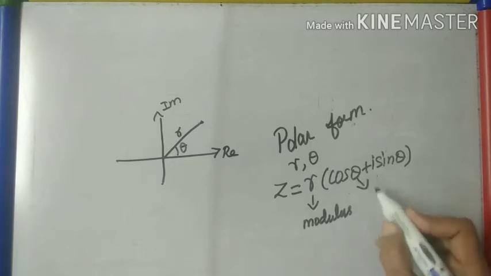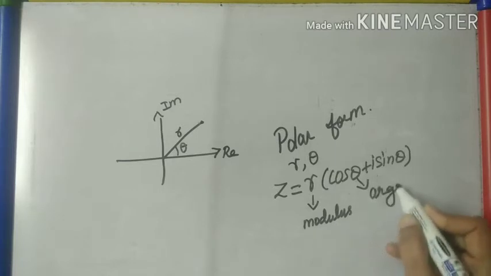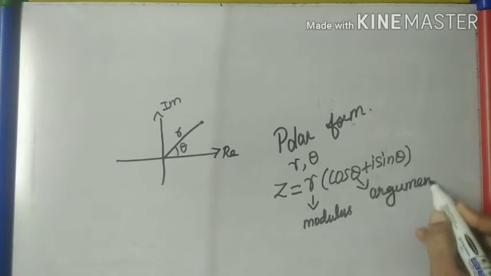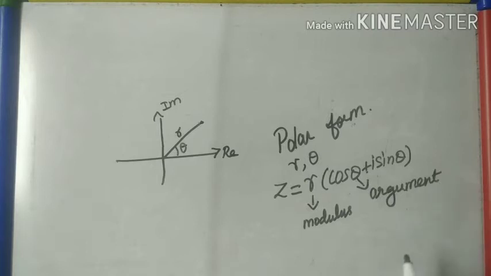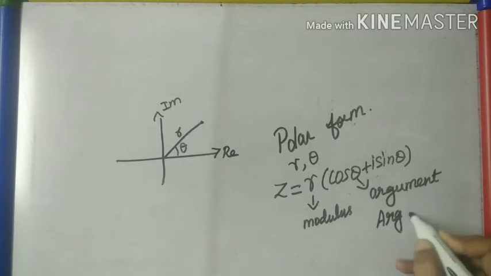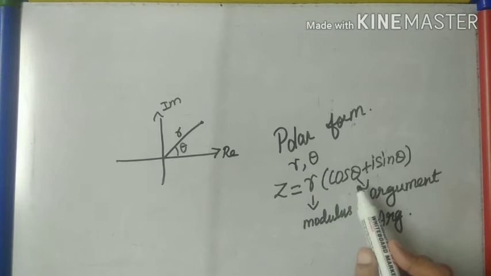This theta we call the argument, or in physics we come across the word amplitude. So theta can be called either argument or amplitude. In short I call it ARG. So ARG represents the argument of the complex number.